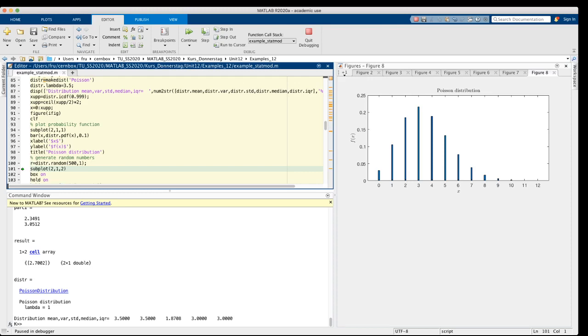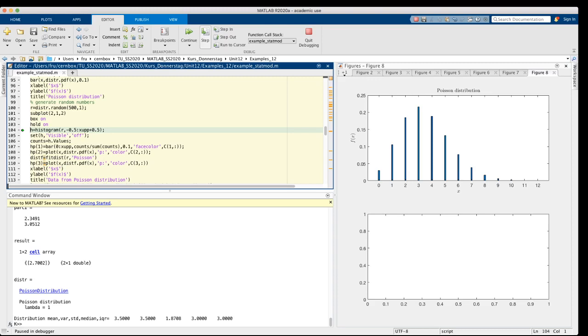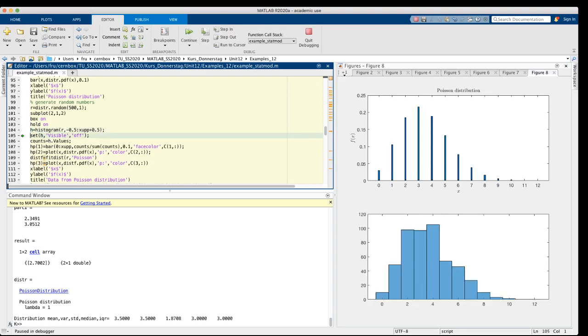Let me now show you how to fit a Poisson distribution to a Poisson random sample. So this is a histogram of the random sample. Of course, the values are concentrated at the integers.